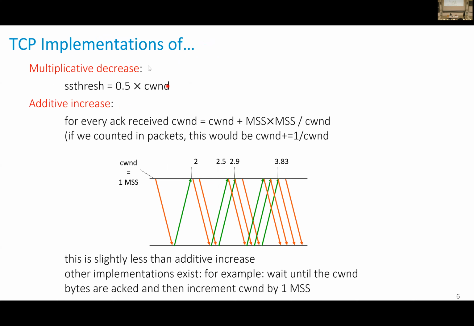So how is AIMD implemented? Sorry, how is multiplicative decrease implemented? AIMD is multiplicative decrease and additive increase. Multiplicative decrease is implemented by a factor of 0.5.